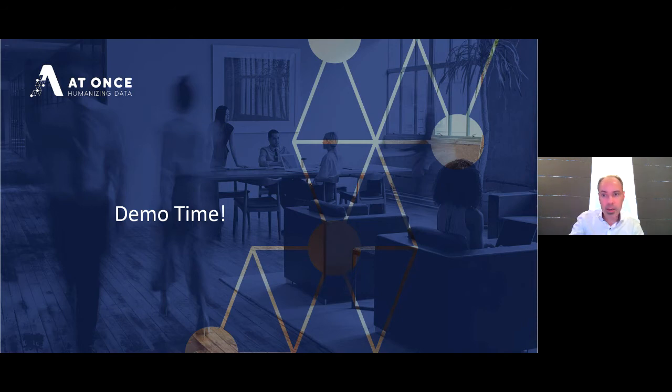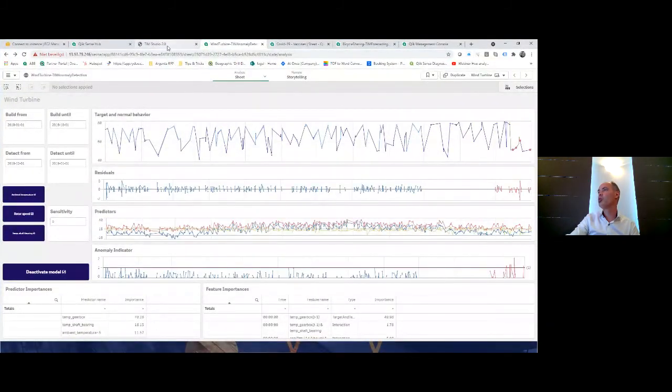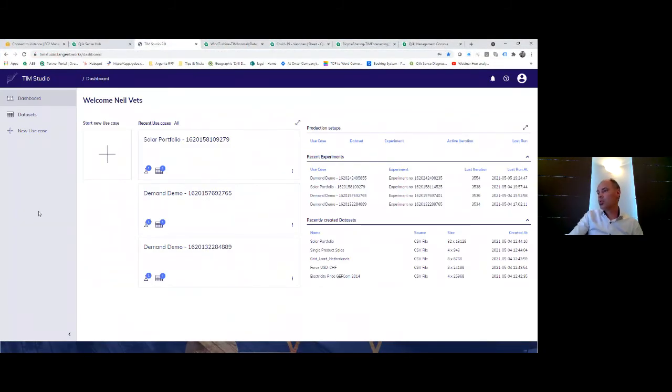So let me quickly share my browser to you. So I guess you can all see it right now. So there are two flavors, let's say. One is the Team Studio, which is basically a product hosted by TangentWorks themselves, and which is a data analytics independent product, let's say.